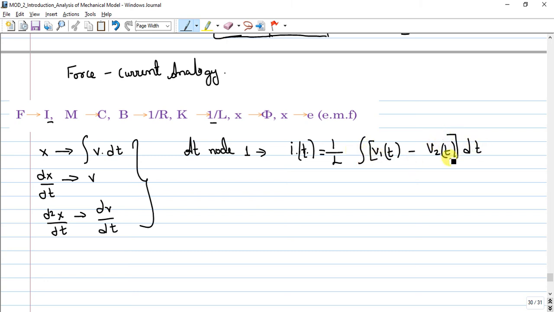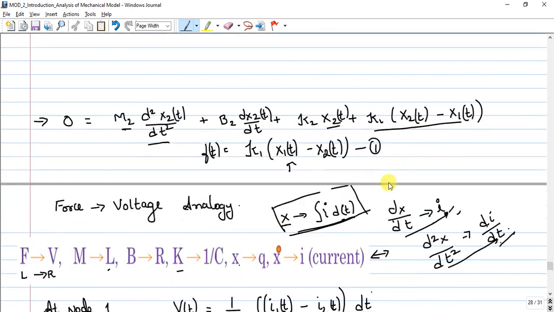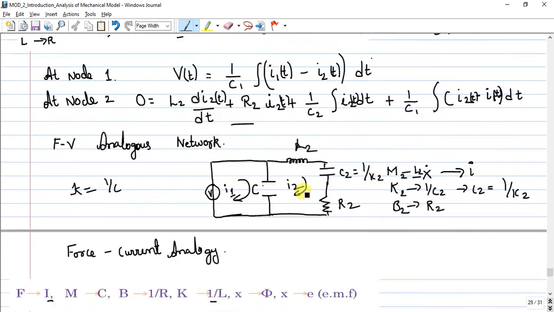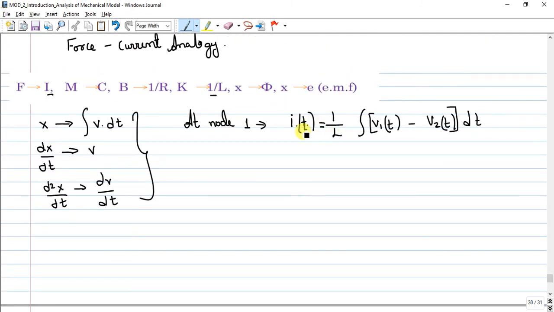So this will be my first equation at node 1. Please check the mechanical system. This is equation 1: f of t equals k1 into x1 of t minus x2 of t. Similarly, in the force current analogy, f of t will be replaced by I of t and 1 by L integration of v1 of t minus v2 of t. So that is done.